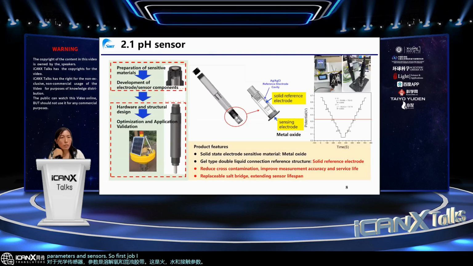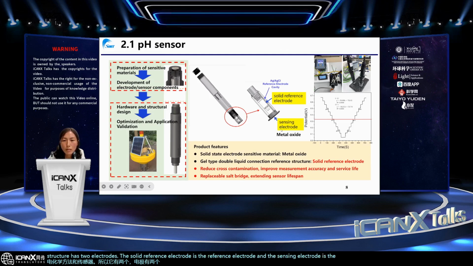So first, I will introduce our work on the pH sensor. The pH sensor is an electrochemical method sensor. The structure has 2 electrodes. The solid reference electrode is the reference electrode, and the sensing electrode is the working electrode, and the electrode material is metal oxide.